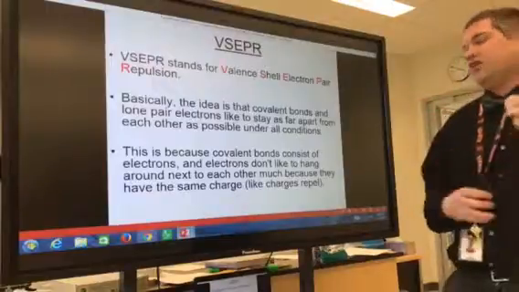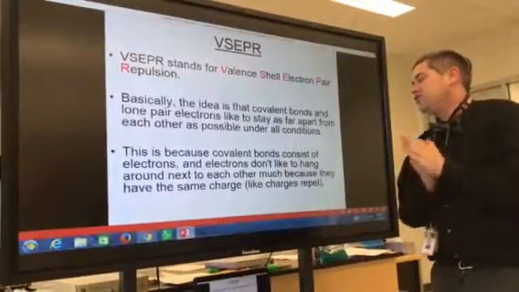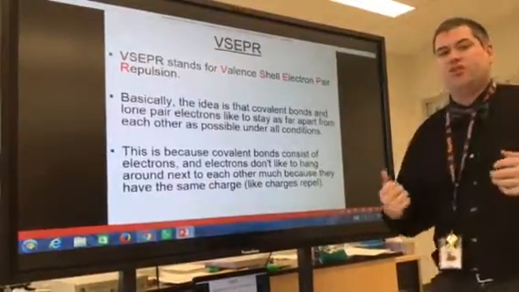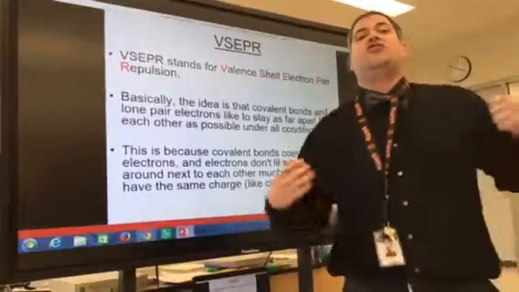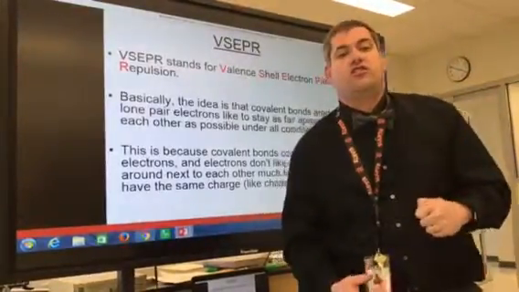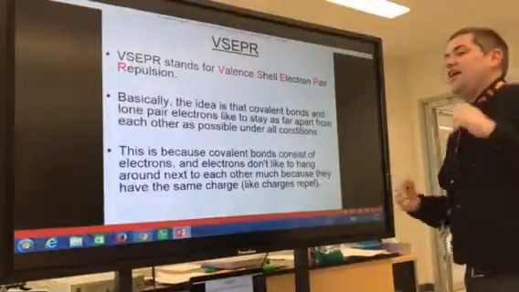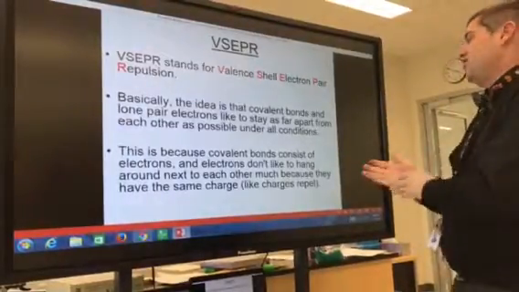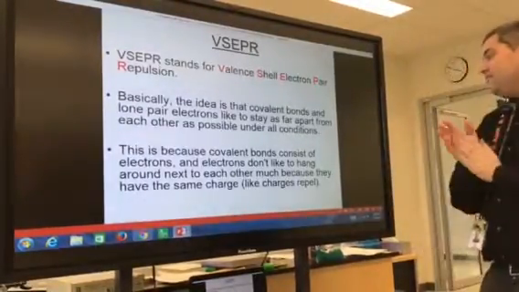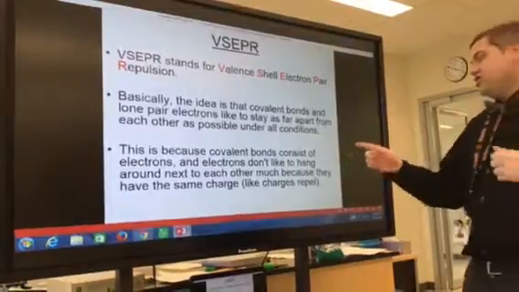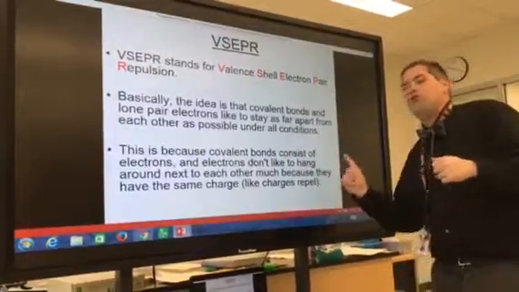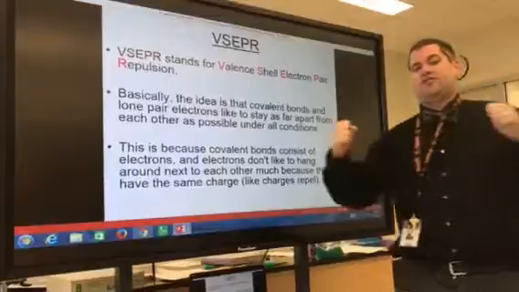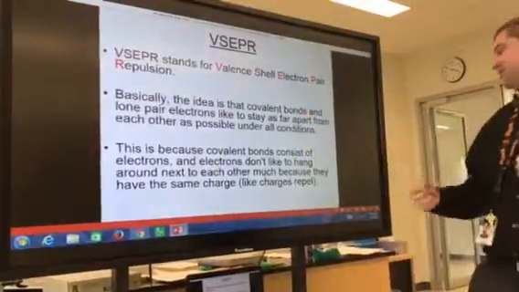You're just sharing electrons, and electrons don't like to hang around next to each other. Why? Because electrons are negative charge. Negative and negative don't like each other. Because they have the same charge, like charges will always repel. Positive, positive like to separate. Negative, negative likes to separate.